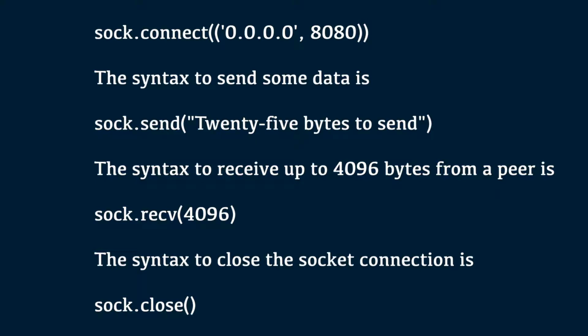The syntax to send some data is socket.send of 25 bytes, the message to be transmitted. The syntax to receive up to 4096 bytes from a peer is sock.recv of 4096. The syntax to close the socket connection is the sock.close method. After the execution of the close method, no more data transmission takes place.